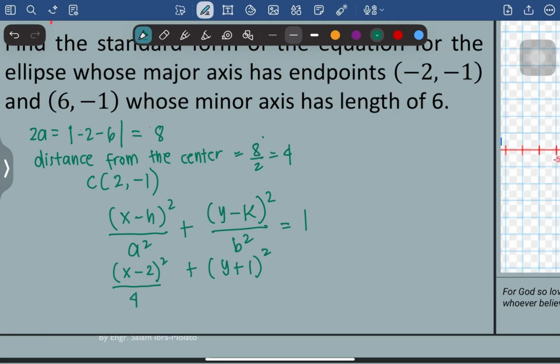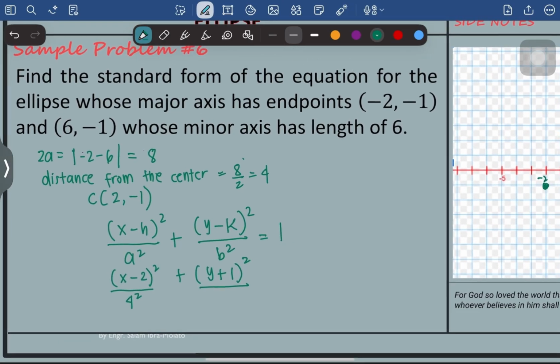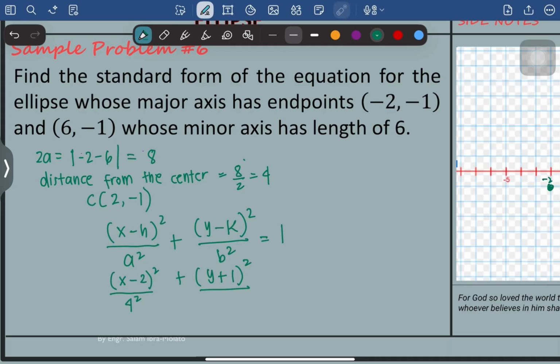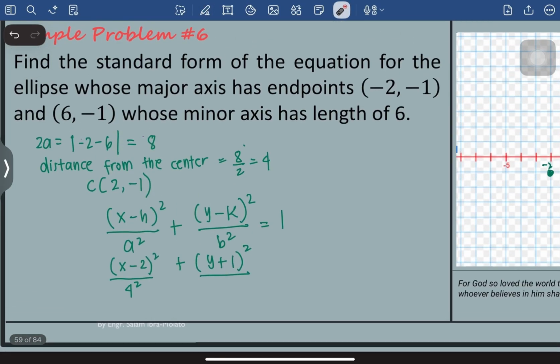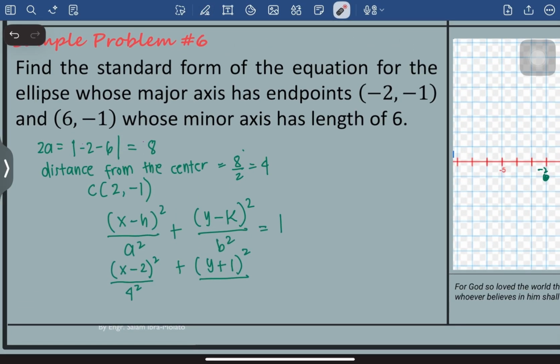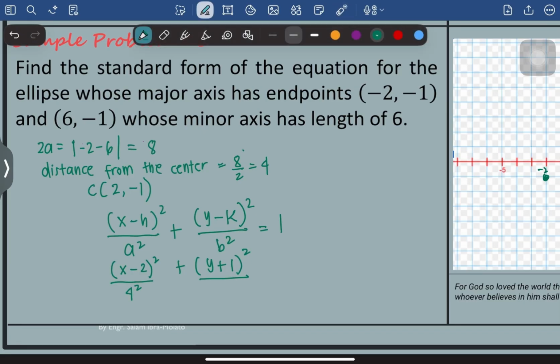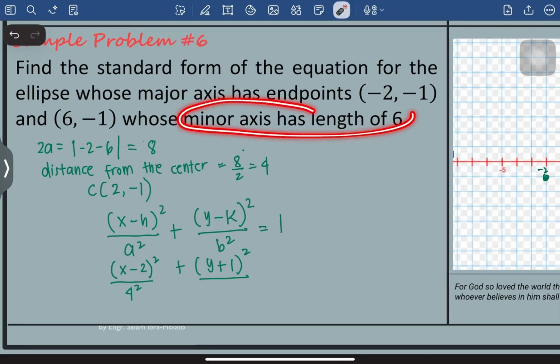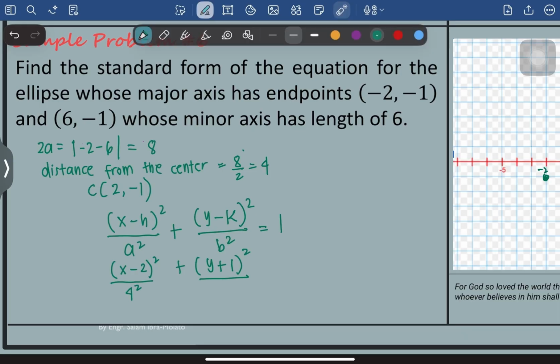So 4 squared over the distance of the semi-major axis. Since the given is the length of the minor axis, we need to get half of 6 to get the semi-minor axis, which equals 3.